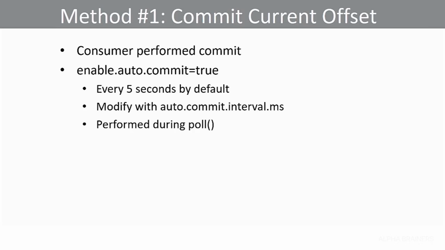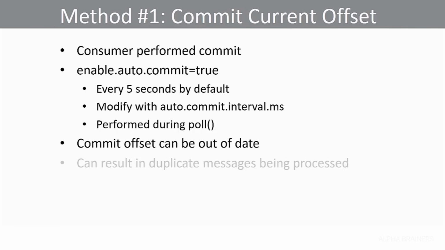So it's certainly possible that if the consumer were to crash at any point in time, it has gone through a lot more records than the committed offset actually specifies. As a result, the committed offset could be out of date, and we can have a lot of duplicate records being processed. That was the first scenario I talked about before, where you can have all these duplicate records. In this case, very likely we can have duplicate records occur.